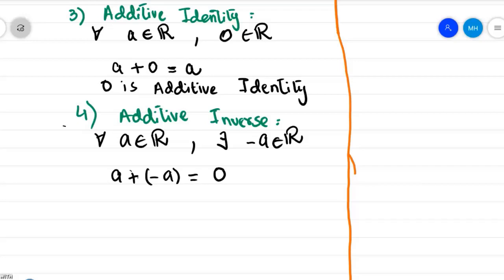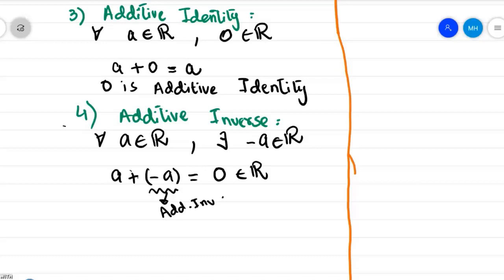When the answer is the additive identity, it means this element is the additive inverse. I'm going to write here additive inverse. So we know that 0 belongs to the real numbers, right? So A and negative of A are both additive inverses of each other under addition.